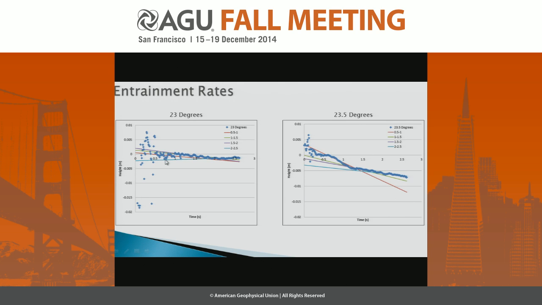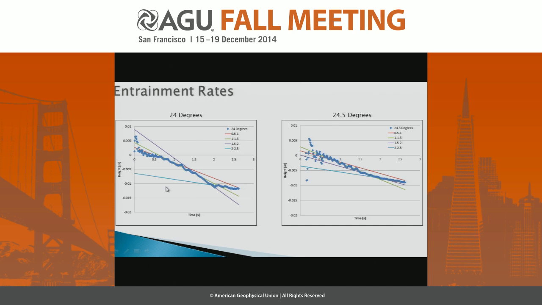Our tracking algorithm is calibrated for the denser portion of the flow, so these results at the very beginning are not very reliable, and we focus more on where we actually have the dense flow coming in. So we can see that as our angle of inclination increases, our entrainment rate is going up. Here we get to 24 degrees, but then at 24.5 degrees, our entrainment rates are going down again.